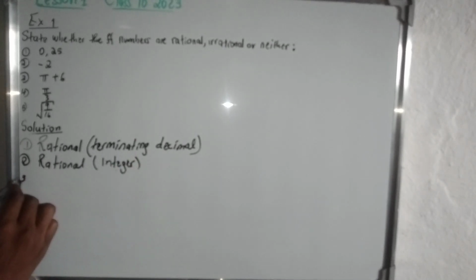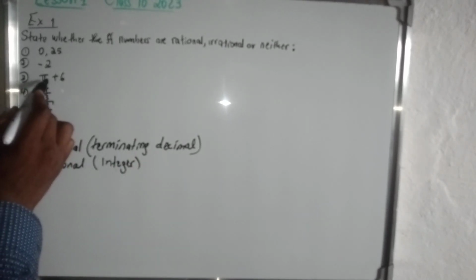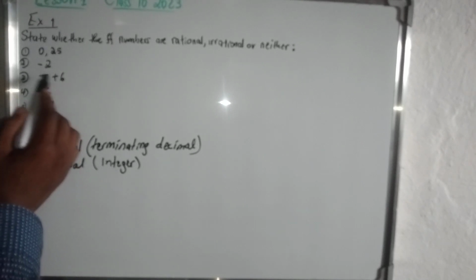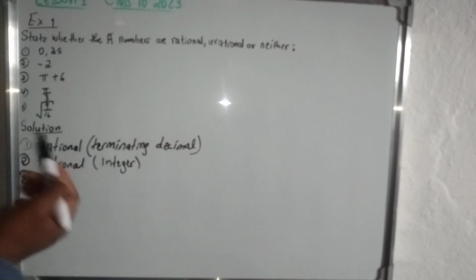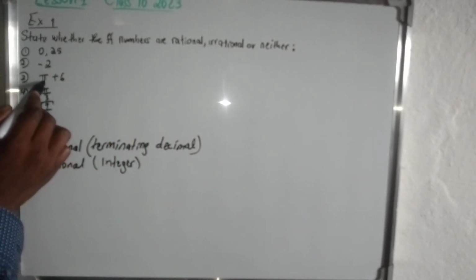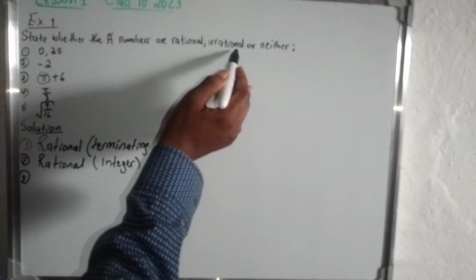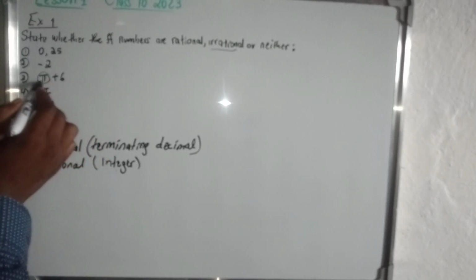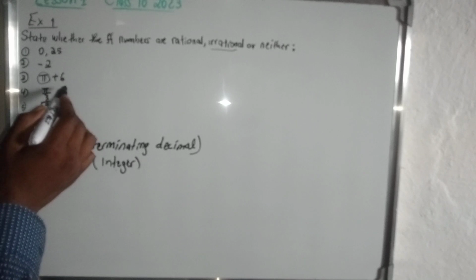Right, and then number 3, let's look at this one, pi plus 6. Is pi plus 6 rational, irrational, or neither? For the fact that it has pi here, it is under irrational, because pi is irrational. Now, 6 is a rational, and pi is irrational.